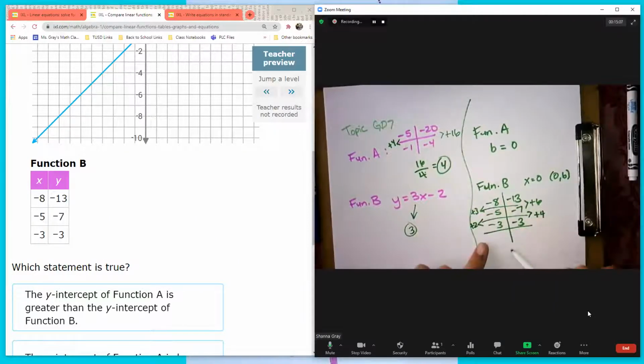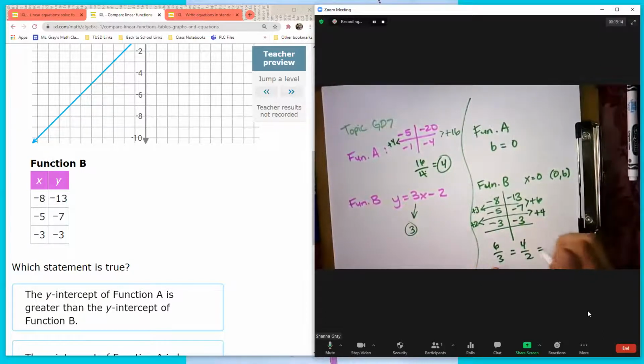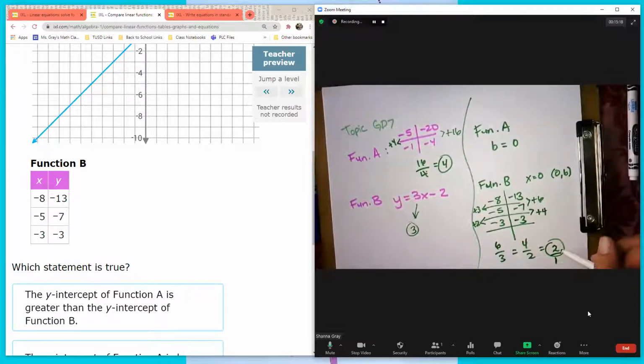Or adding 2. Sorry, I had to pause for a sec. And then if you look at those ratios, you get 6 over 3 or 4 over 2, which really just means 2, right? 2 over 1. So that means it's going up 2 over 1 each time if you're looking at a graph.